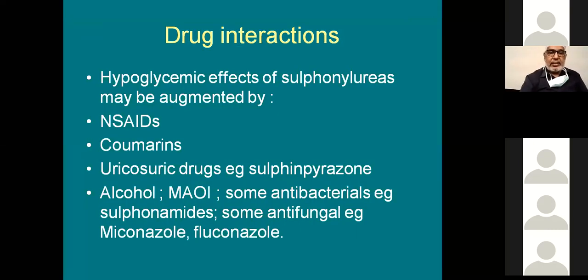Drug interactions: hypoglycemic effects of sulfonylurea may be augmented by NSAIDs. You are well aware, non-steroidal anti-inflammatory drugs are very commonly used for pain and inflammation. Coumarins are an anticoagulant group of drugs. Uricosuric drugs, sulfonylurea, alcohol, monoamine oxidase inhibitors, some antibacterial agents such as sulfonamides, some antifungals such as miconazole and fluconazole.